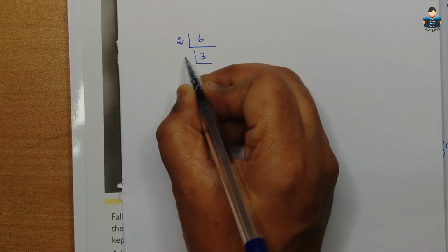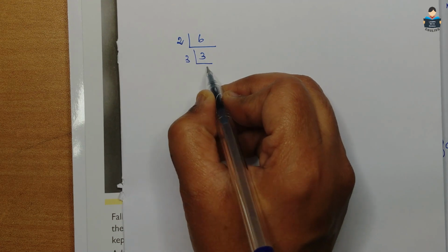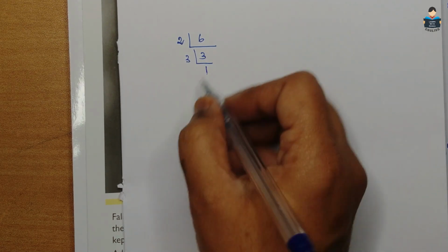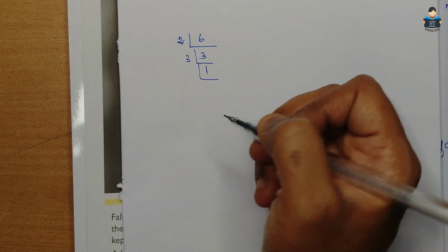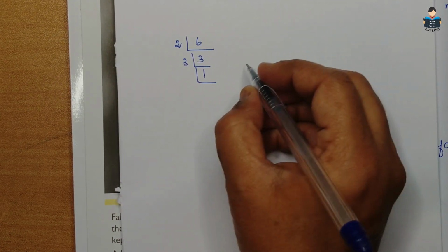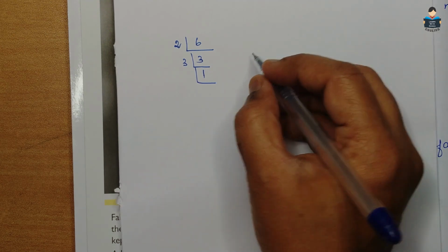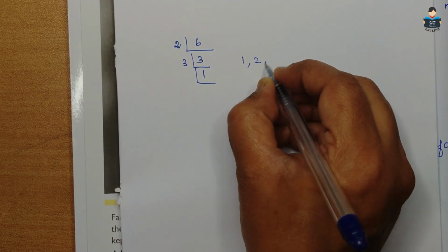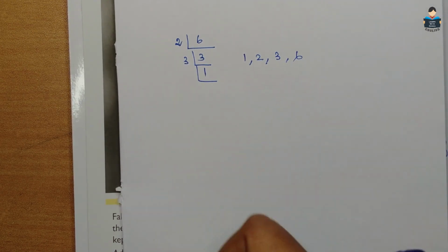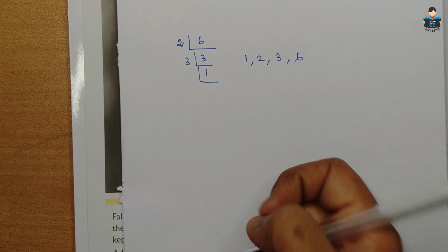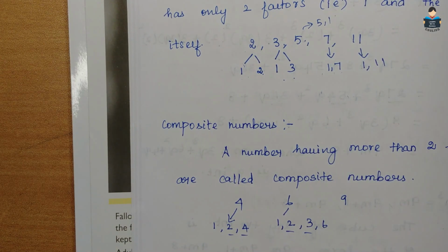Next, 3 is a prime number, so it will be divisible only by 1 and itself. So we will have 2 and 3 as the factors. When they ask for factors of 6, we can write 1, 2, 3 and 6. This is how we find the factors.